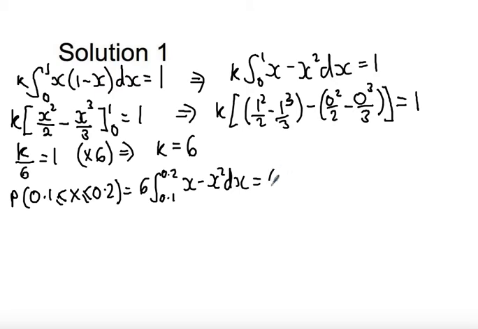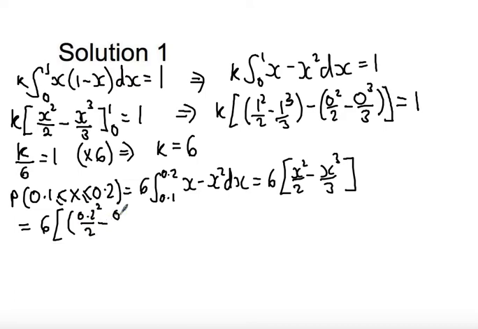So we've already seen that this is equal to 6 times x squared over 2 minus x cubed over 3. So now I can evaluate this. So I get 6 times 0.2 squared over 2 minus 0.2 cubed over 3, minus 0.1 squared over 2 minus 0.1 cubed over 3.